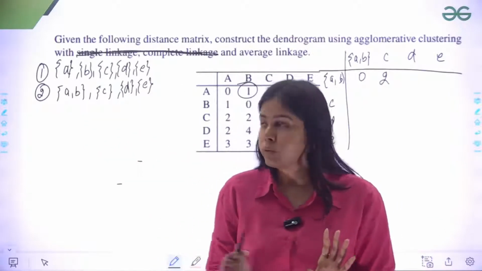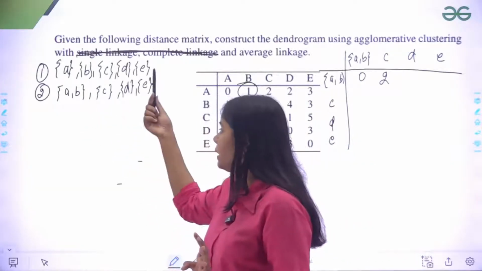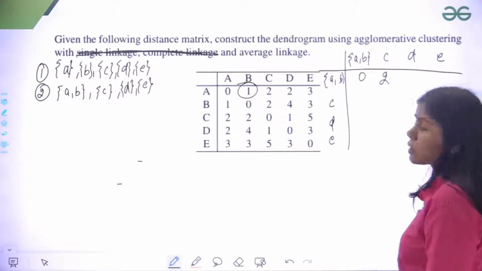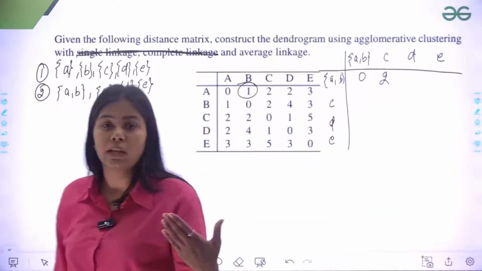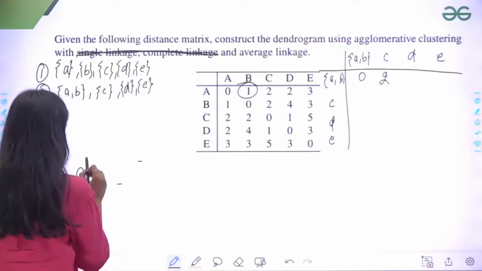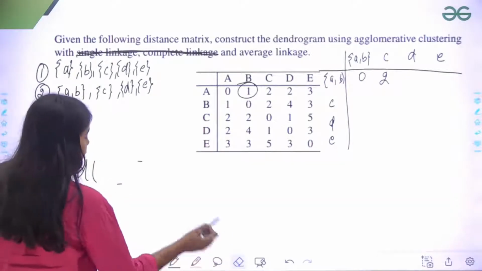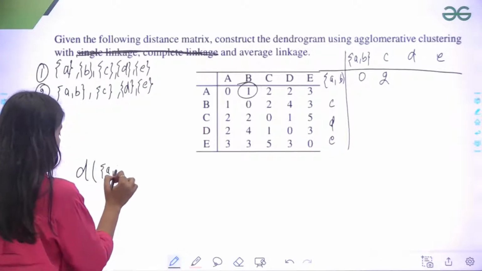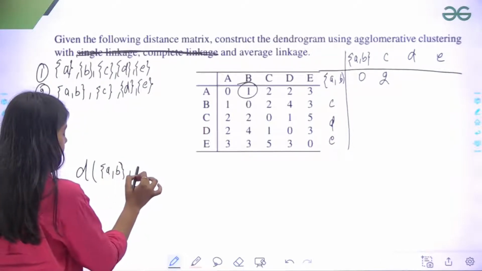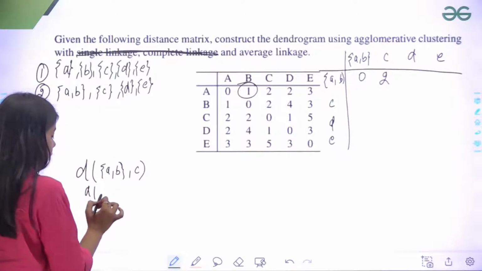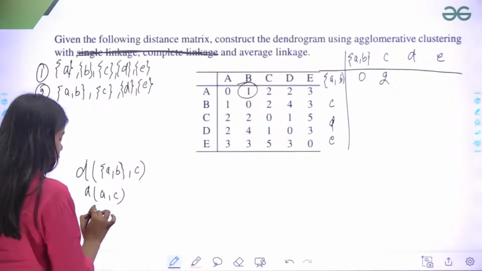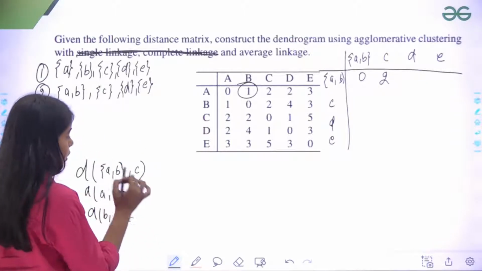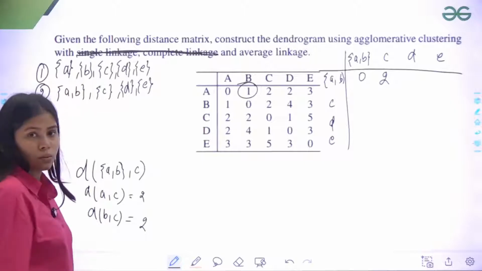So now I need the whole distance table. I'll find out the distance of AB with C. I'm telling you once again how to find the distance of AB with C. You have to find the distance of A comma C and B comma C. If I see in the table, the distance of A comma C is 2, the distance of B comma C is 2, right?